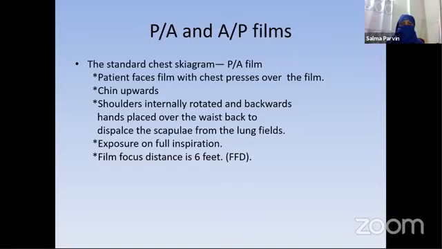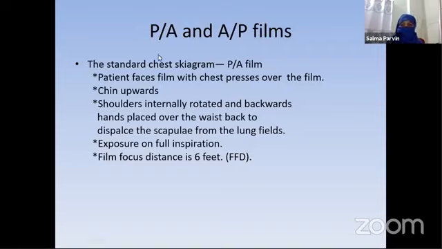So PA films are very common for clinicians to go through every day. All the patients who walk and stand used to have a PA film. But what about the AP film?